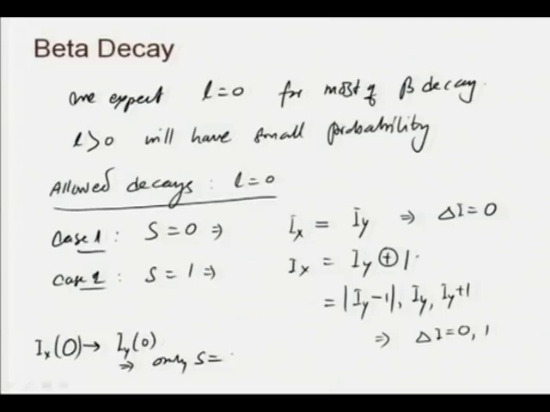Only S equal to 0 is possible. In all other delta I equal to 0 cases, it is possible to have either S equal to 1 transition or S equal to 0 transitions.